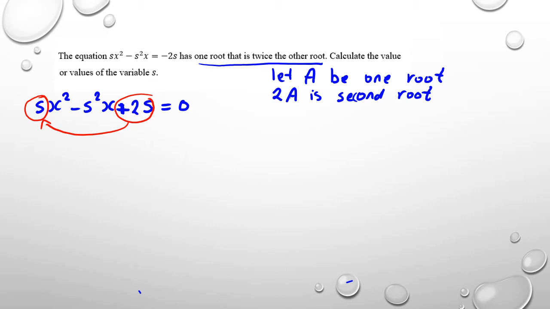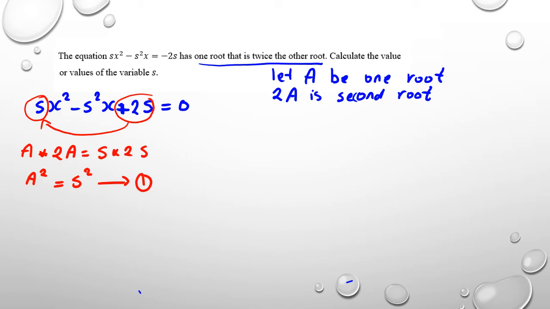So I'm going to write my first equation, for the simultaneous equations: a times 2a equals s times 2s, which gives me 2a squared equals 2s squared, so a squared equals s squared. That's my first equation. My second condition is adding the two roots.